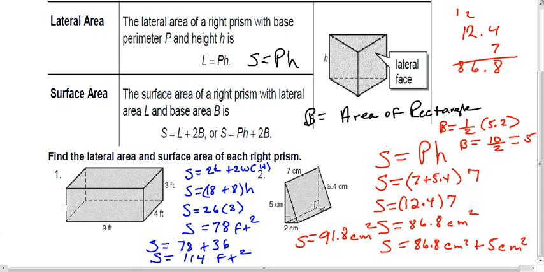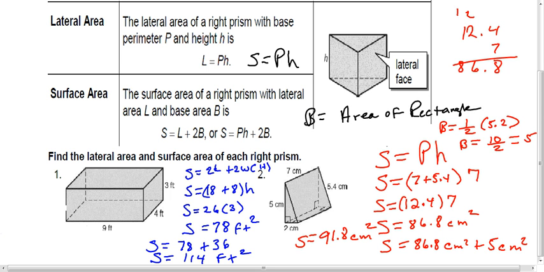Okay, it seems as if it's a little tedious. It's really not. It's just that we need to really take our time, follow the steps and the formulas, and we can easily work these problems out.